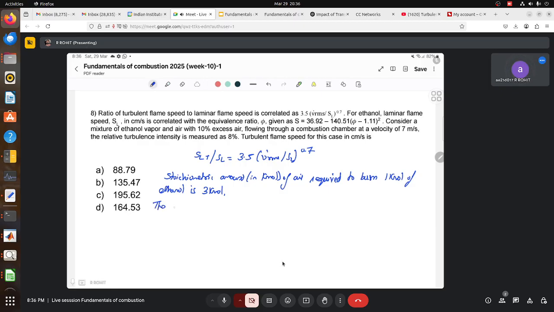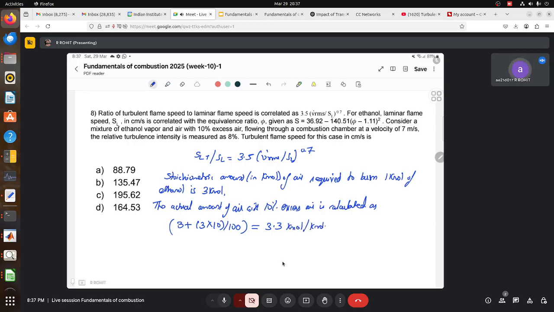Therefore, the actual amount of air with 10% excess air is calculated as 3 plus 3 into 10 by 100, which is 3.3 kilomole per kilomole fuel.